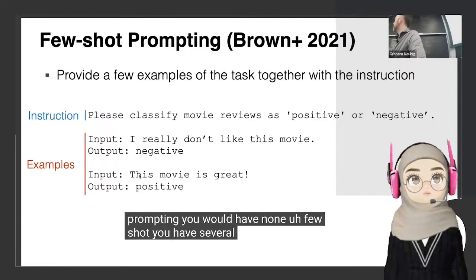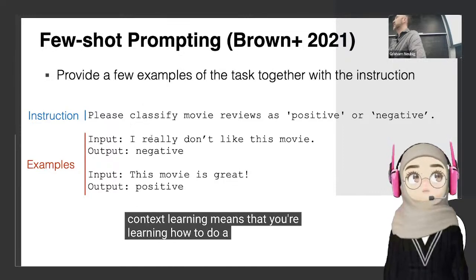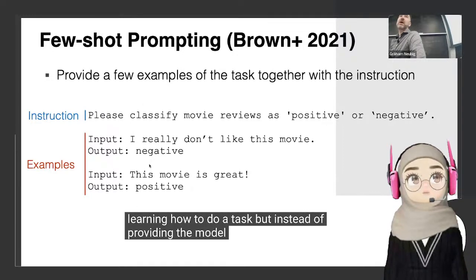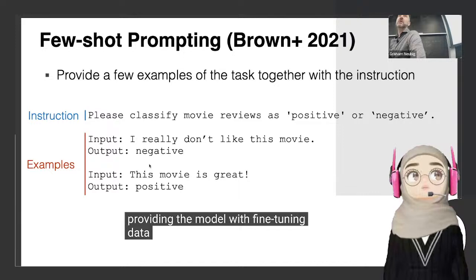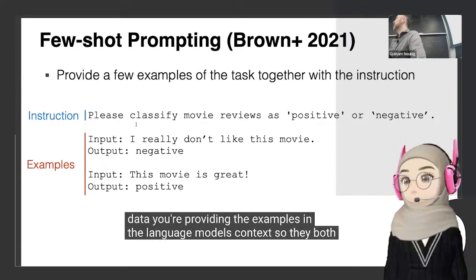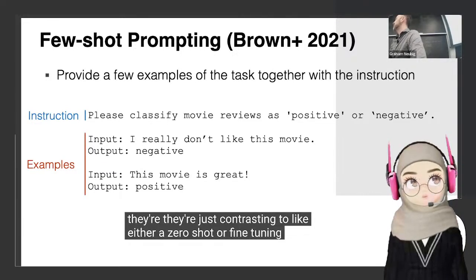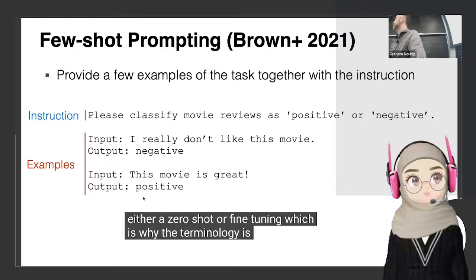With few-shot, you have several examples. In-context learning means that you're learning how to do a task, but instead of providing the model with fine-tuning data, you're providing the examples in the language model's context. They both mean the same thing, but they're contrasting with either zero-shot or fine-tuning, which is why the terminology is different.